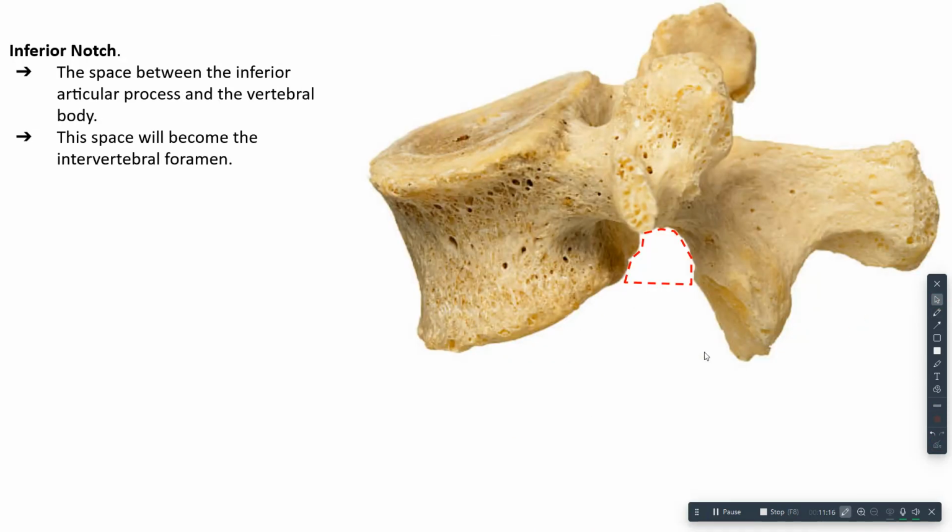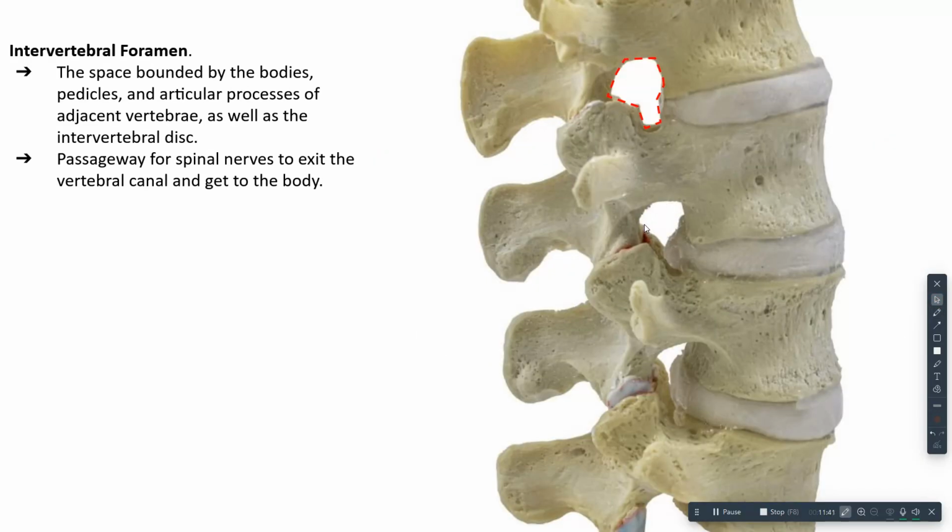All right. If I find the body of the vertebra, which is right here, and I find my inferior articular process, I see this little indentation here. This little indentation is called the inferior notch. Now, what's really cool is what happens when we stack the vertebrae together and we look at that same indentation. So here's that inferior notch right there.